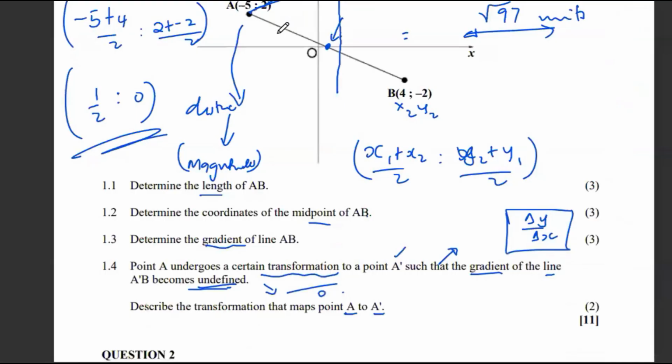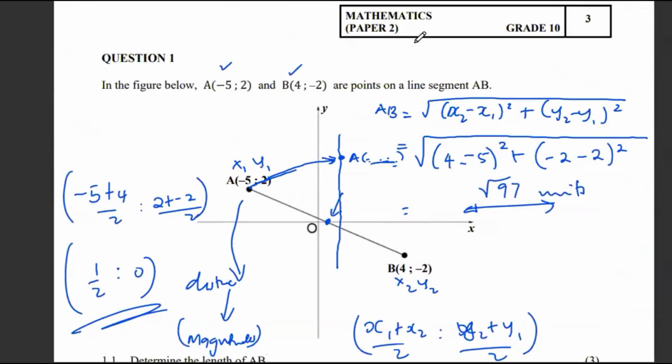Remember, the B is not affected. We still have the B. So this line is going to be vertical, but it has to be passing through this point of B, straight like that. Okay, so if that is true, our X is going to be a 4. Our Y, we don't care, and we don't know.